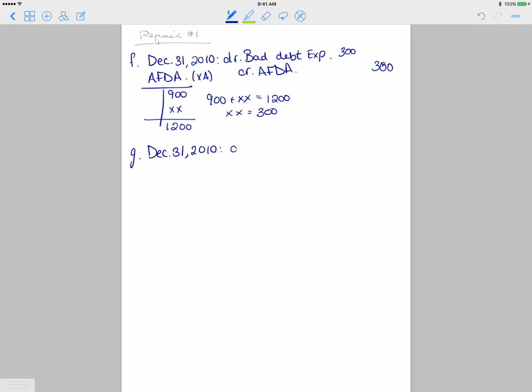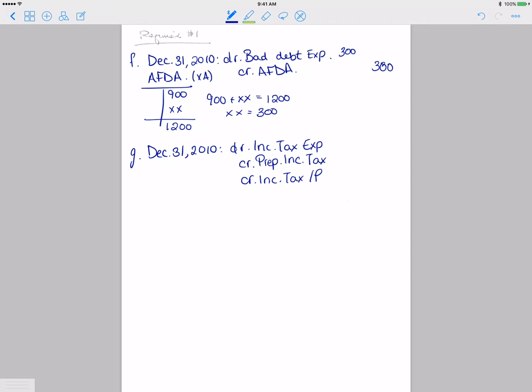So we know that we are going to have an income tax expense, and we are also going to use this prepaid income tax account, and we are also going to have an income tax payable.